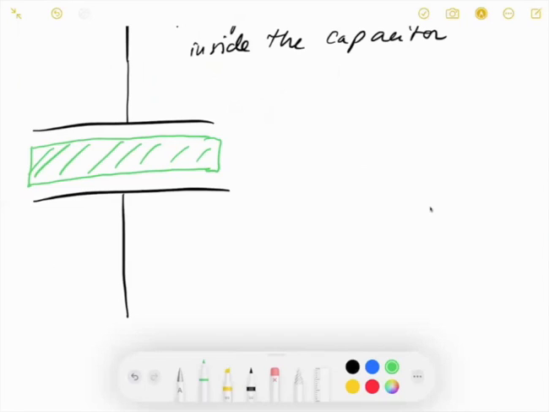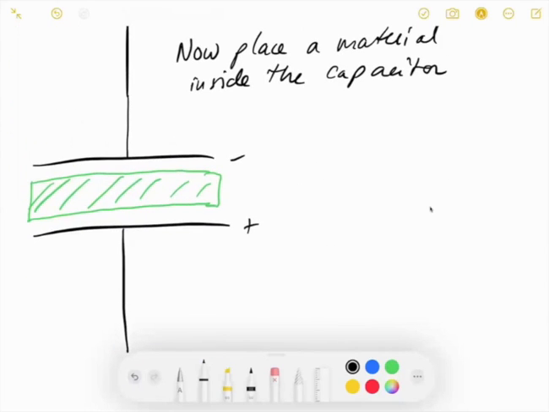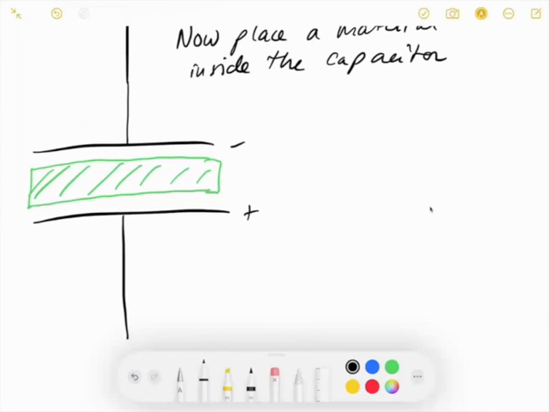And this one is still negatively charged. And this one is positively charged. I believe that's how I had it set up. Yes.